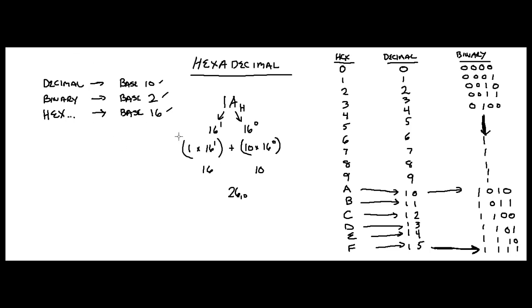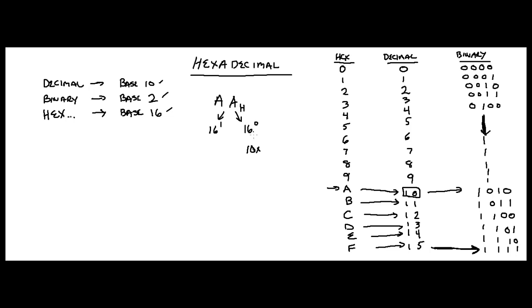Let's try something else, shall we? Suppose this is AA, just for the heck of it. In hex, what is that equal to? Well, we already know this side is going to be 10, because A is equal to 10 in decimal.